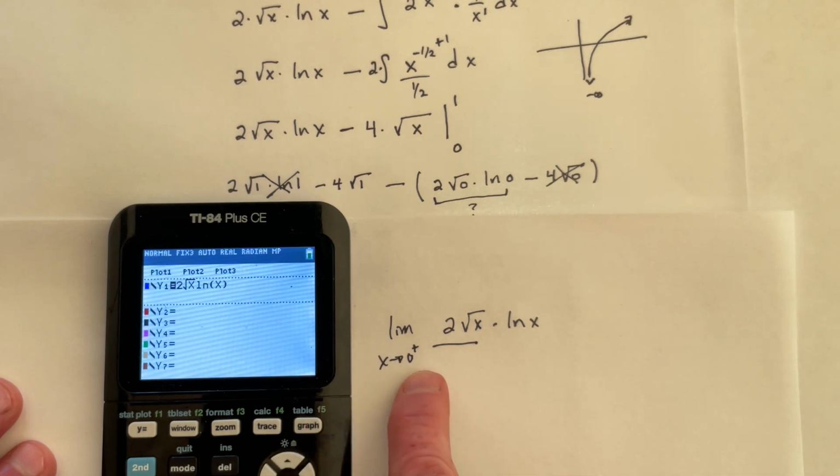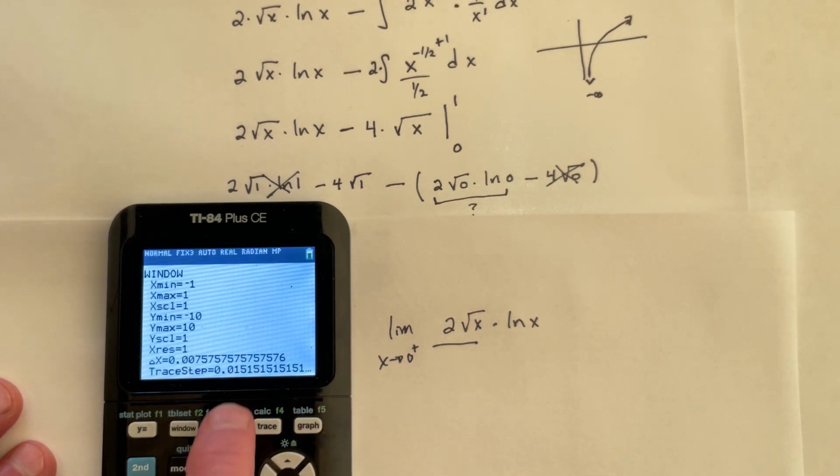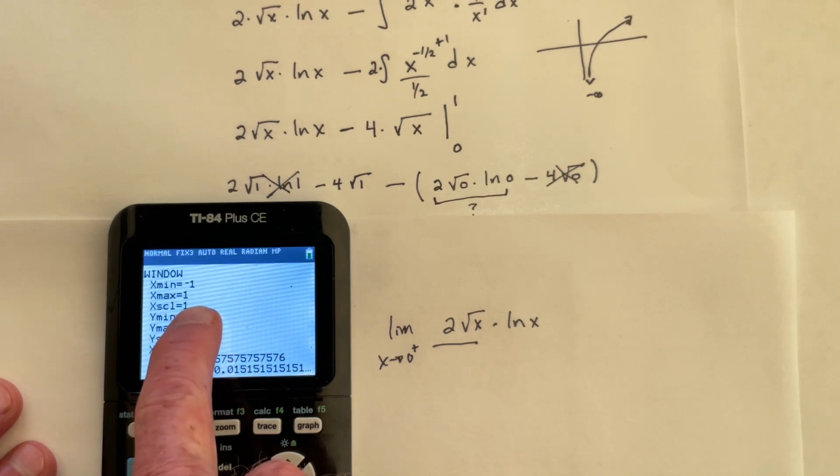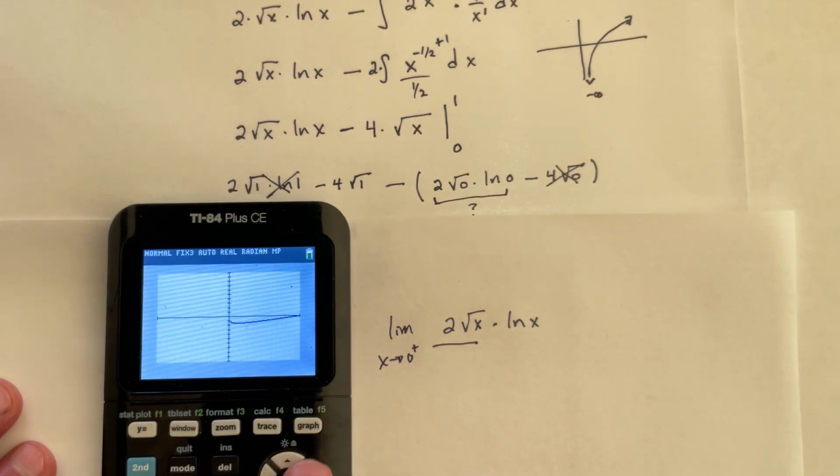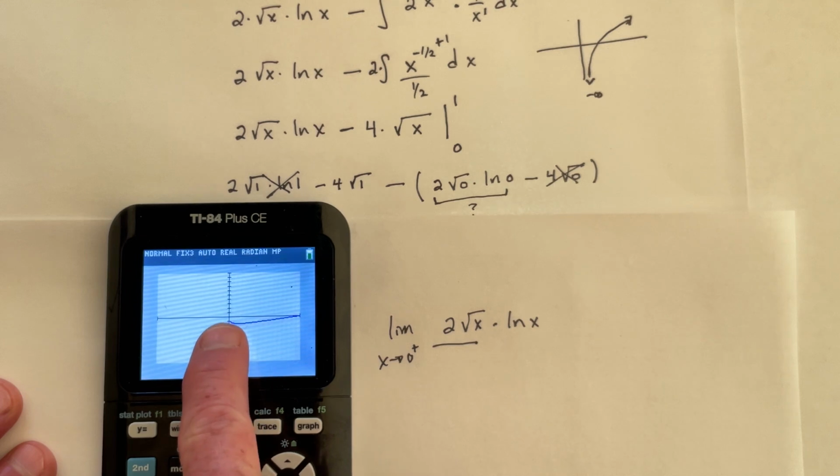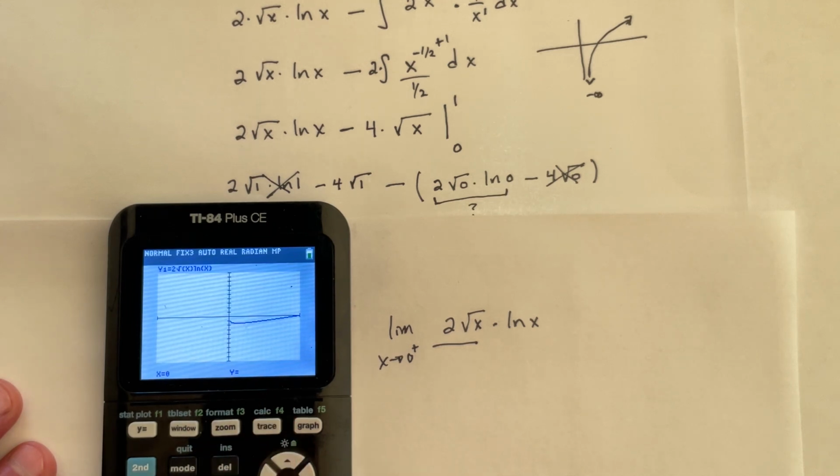And because they're close to 0, I do have the window, so the x's are pretty close to 0. And then if you look at the graph, it seems like that looks like it's y is a negative 1. But if you trace and plug in a number very close to 0, does the answer equal negative 1?